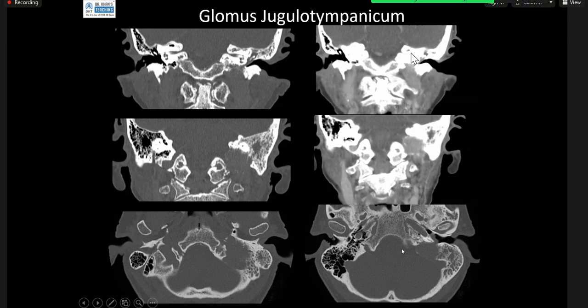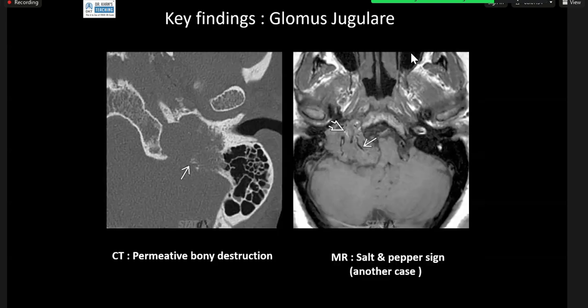This is how you differentiate it from a neuroma, let's say a neuroma from any nerve. Another point which the candidate very well picked up, I had intentionally shown a T1 weighted pre-contrast sequence.